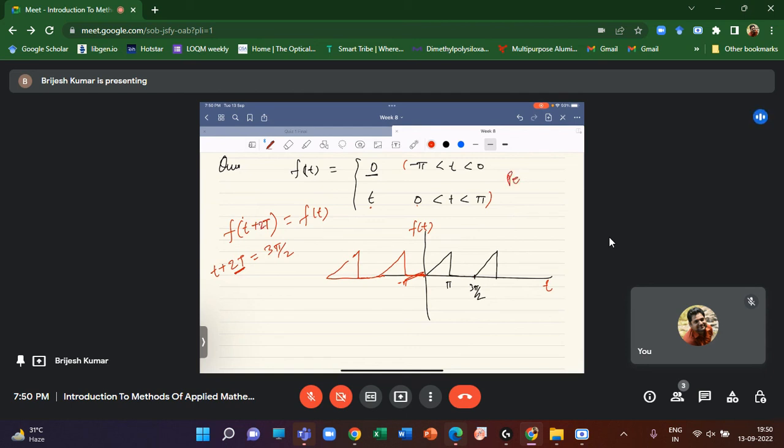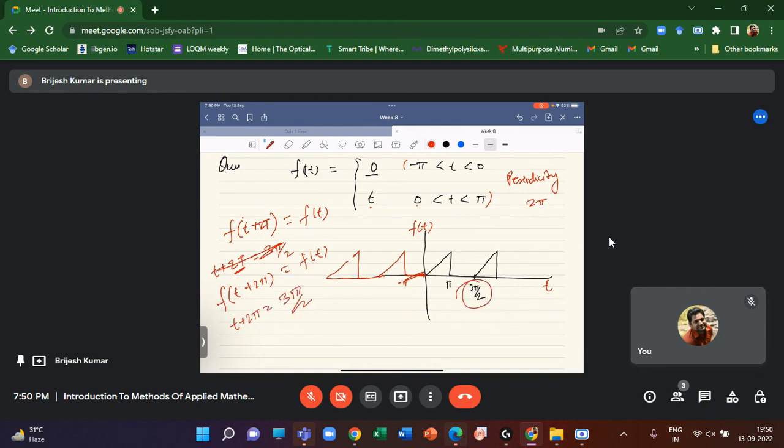See, what is the periodicity? The function repeats itself after the period. The periodicity is 2 pi, right? So our function f of t plus 2 pi will be f of t.